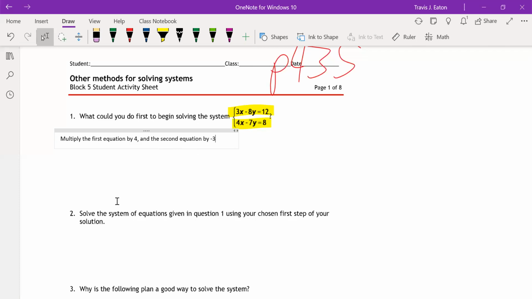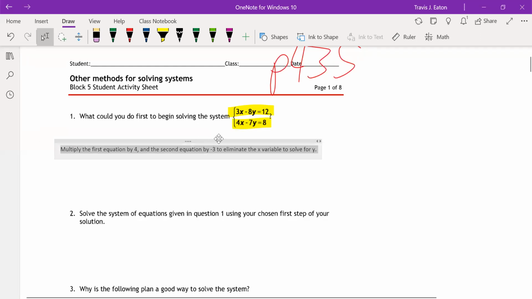That seems like a reasonable thing. And the reason for that, when I do that, I could eliminate the x variable. Solve for y.